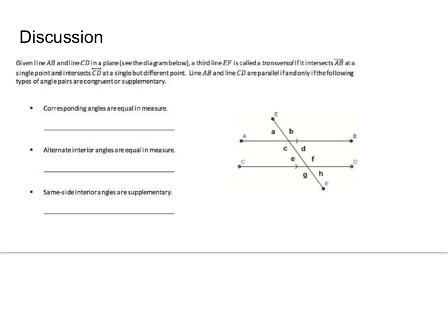So let's write those out. I have angle A corresponds with angle E, angle C corresponds with angle G, angle B corresponds with angle F, and angle D corresponds with angle H.